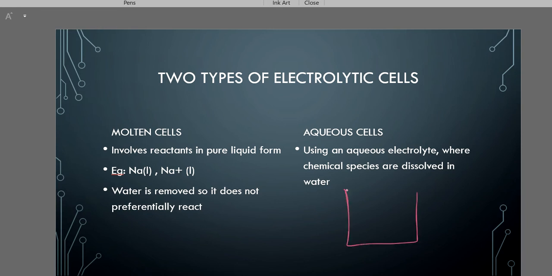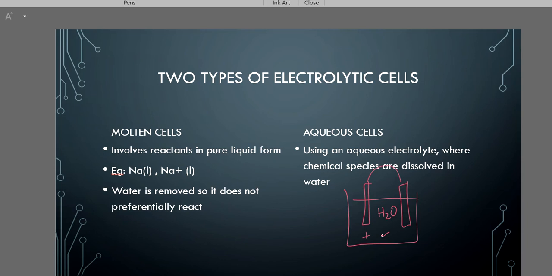In that electrolytic environment, we are talking about a solution of water which then has negative and positive ions dissolved in it, and that solution might be phosphoric acid, sodium chloride. It could be various different types of substances depending on the cell that we're looking at. But it is aqueous solution and where water is present.